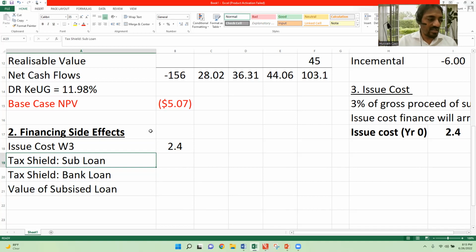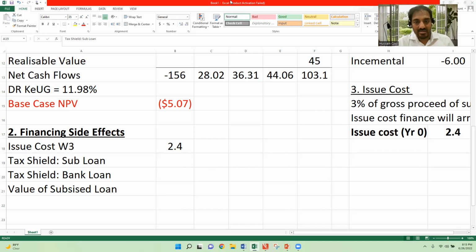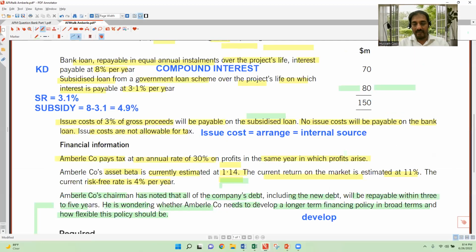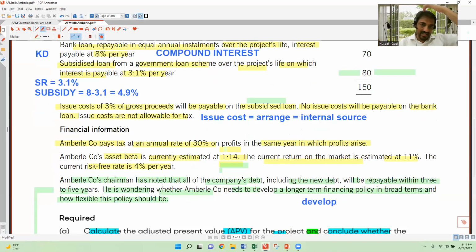Now the point is about the tax shield. There's a question about whether we need to gross up this point. The question mentions an issue cost of 3% of the gross proceed, so I have assumed that this 80 is the gross amount.